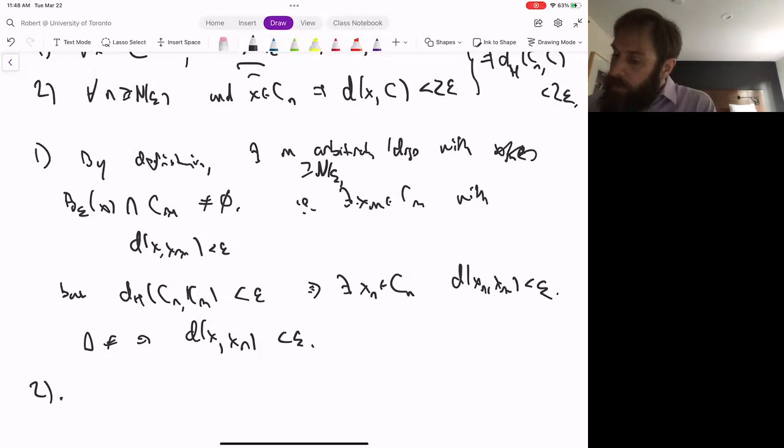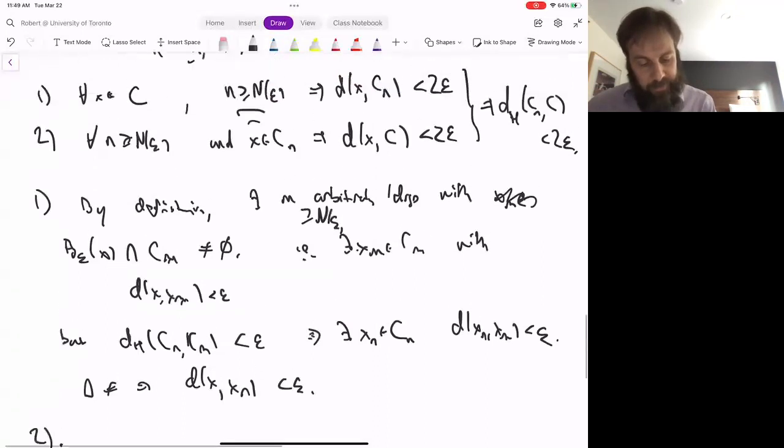So right, so for a clever diagonalization argument, so basically I can get a sequence of indices for which... I'm wrong, it's not a diagonal argument at all.